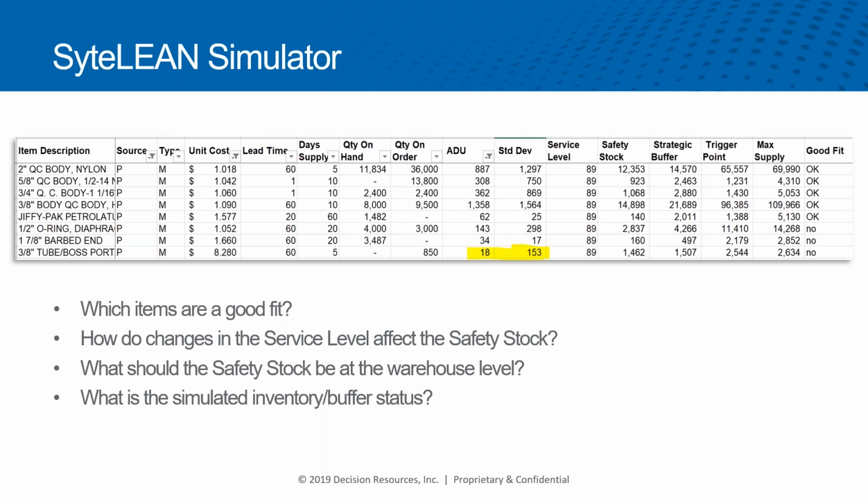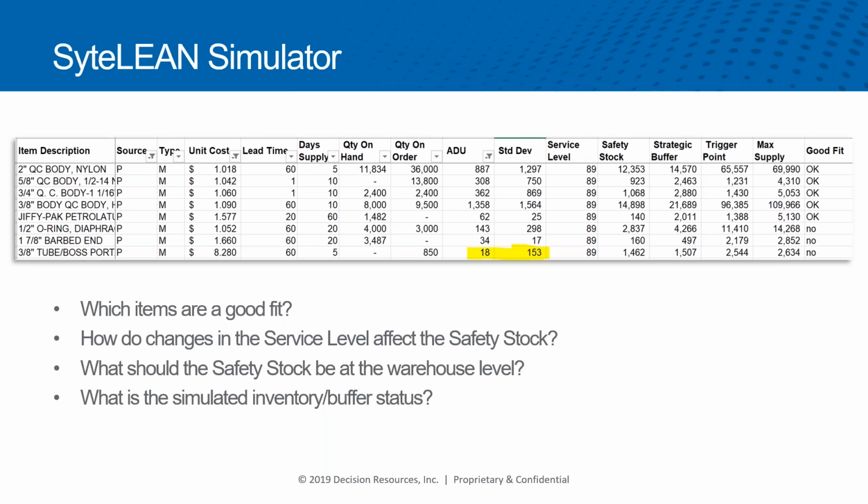When I see an item with a very large standard deviation when measured against its average daily usage, that's a signal that maybe the consumption of that item is super lumpy. We don't use it frequently. We use a bunch of them, so I get an average daily usage, but we don't use them continuously, and maybe that's not a good item for a pull system.